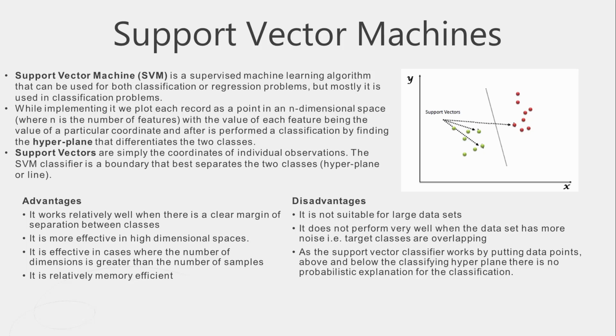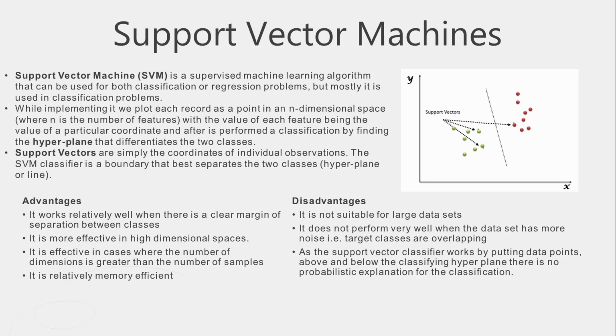And after plotting the points, it classifies them by finding the hyperplane that separates the two classes. The support vectors are basically the coordinates in the plot of the individual data points, and the SVM classifier is the boundary of the hyperplane that separates the two classes.